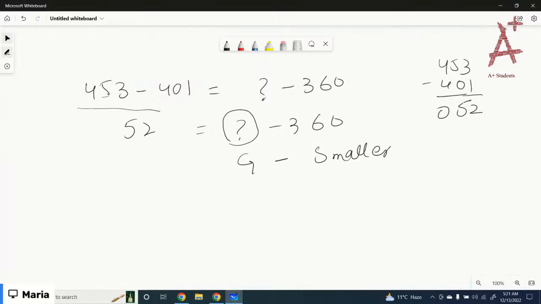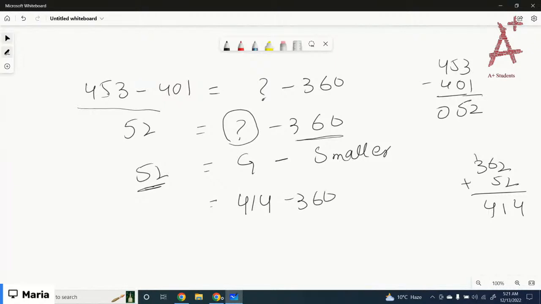So what do we do for the greater one? We have to add the difference and the smaller number. Got it? So just add 362 and 52. It would be 414. That means the missing number is 414 minus 360.